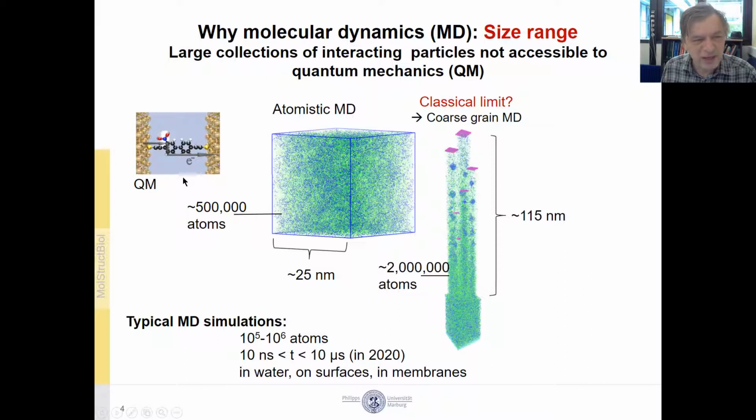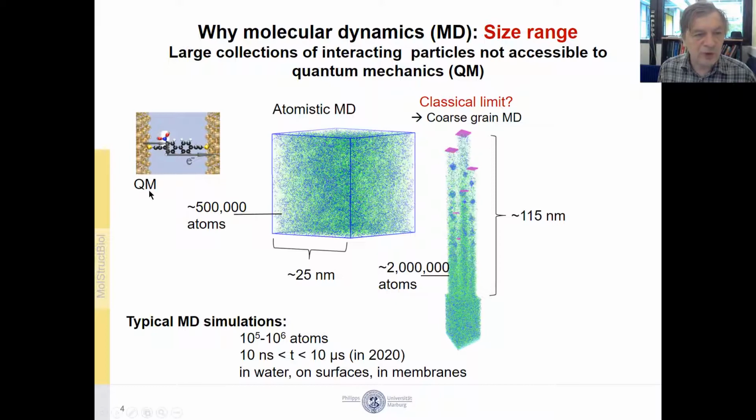But unfortunately, quantum mechanics is pretty weak when you come to macromolecules, because it only goes to maybe 100, maybe 200 or 300 atoms, but then it's done. Most quantum mechanical calculations are done with less than 100 atoms. So, not suitable for our system.